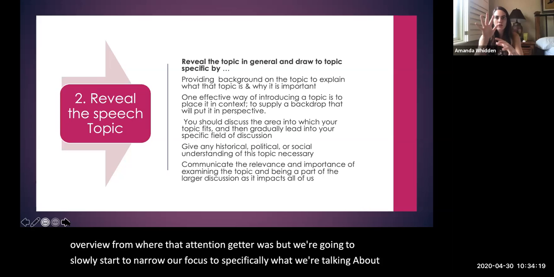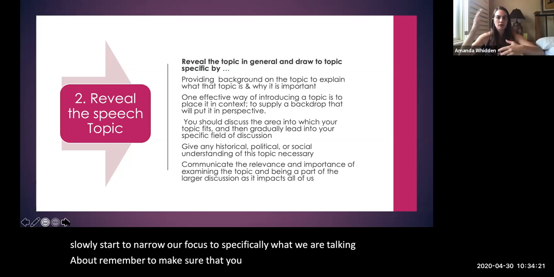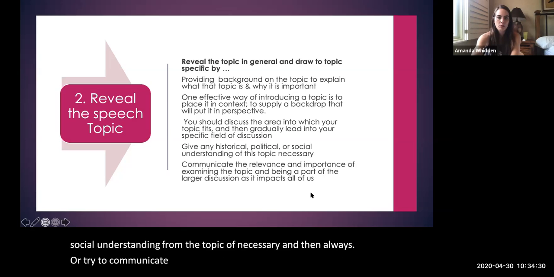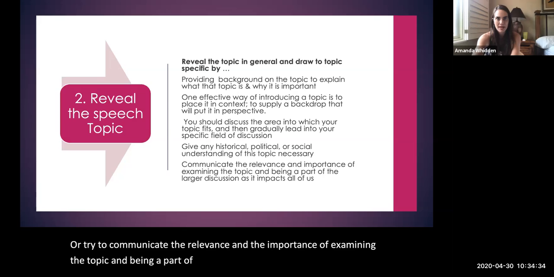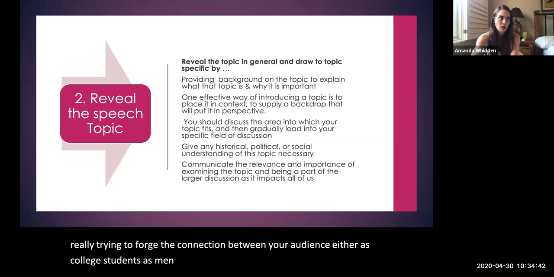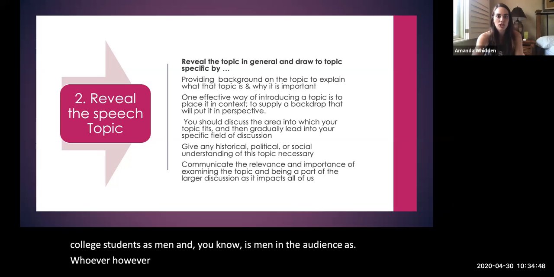Remember to give any historical, political, social understanding of the topic if necessary, and then always try to communicate the relevance and the importance of examining the topic and being a part of the larger discussion as it impacts us all. So really try to forge the connection between you and your audience, either as college students, as men in the audience, or however you want to target it and shape it.